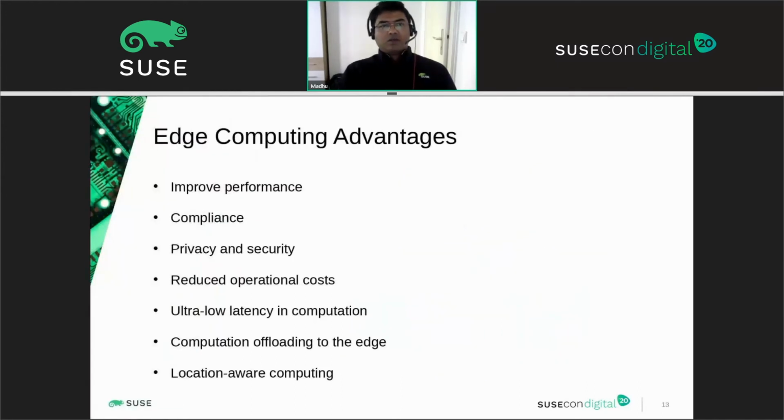So here's a list of advantages. Improving performance, that's never going to end. It's always important to improve performance as our use cases keep increasing, and the number of devices it influences. Compliance, some of the SLAs that mandate a certain bandwidth and certain response times for your applications.